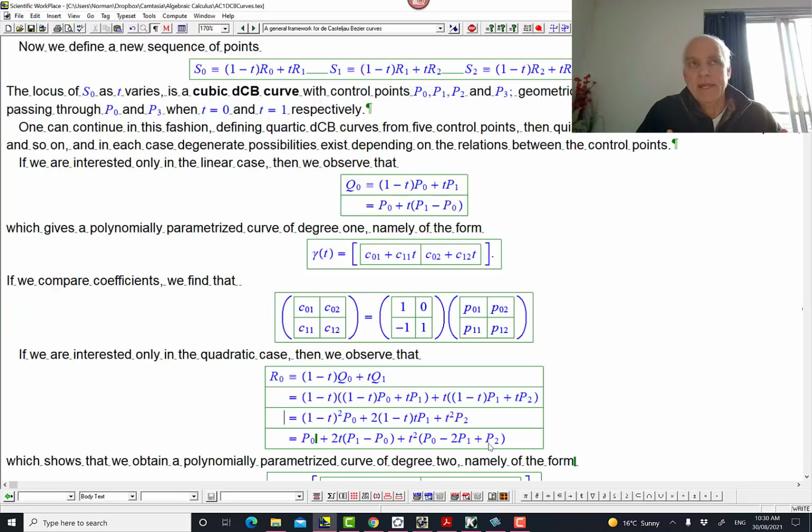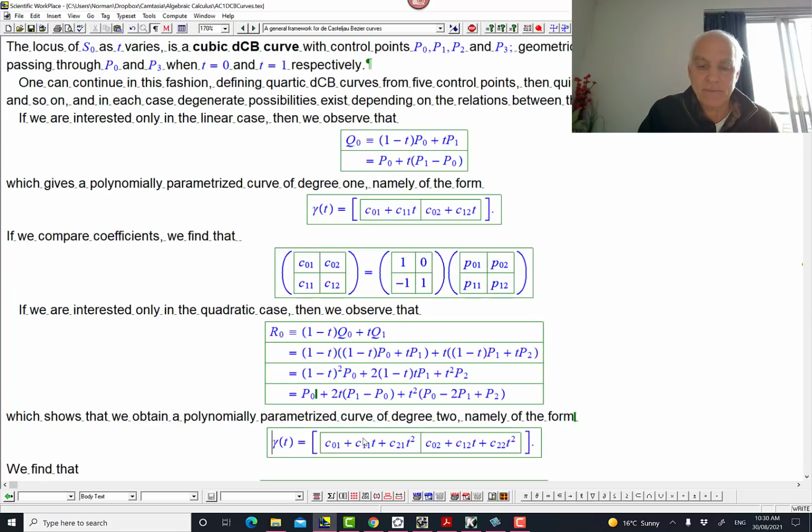In other words, in terms of the dependence on the parameter t, this is a purely quadratic dependence. In other words, the locus of R0 as a function of t will have this form. It'll be similar to what we had in the previous case, except that we have to go 1 degree higher. We have to introduce a plus c21 t squared and plus c22 t squared.